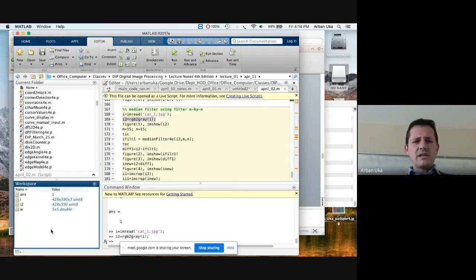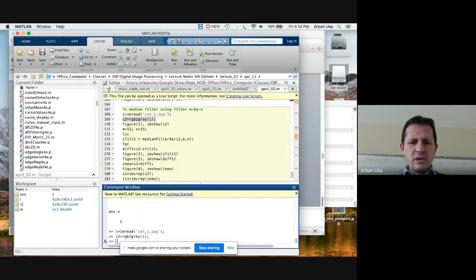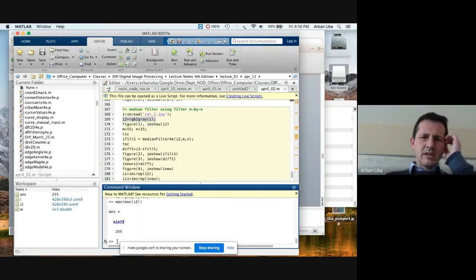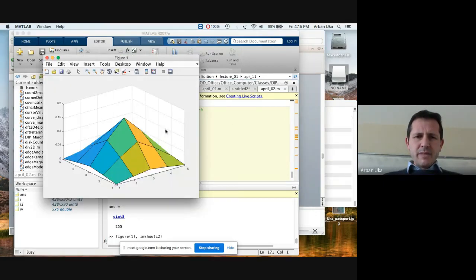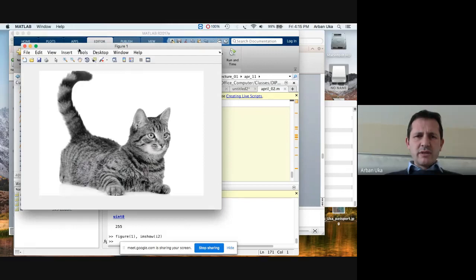It's an unsigned integer 8, which means that the maximum value of I2, if we write it here, max of I2, is 255, okay, that's the highest pixel intensity. Then let's have a look at how this looks. And this is the image of a cat, okay?